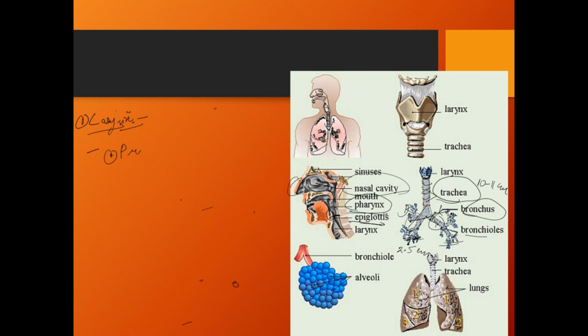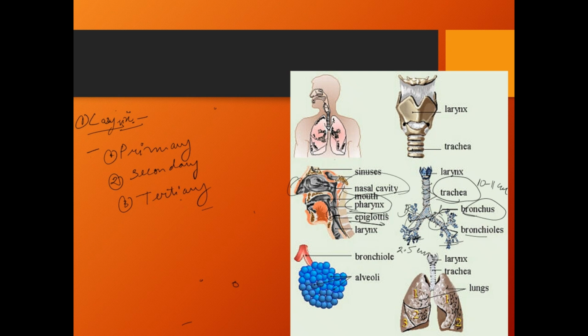First is the primary bronchi, second you have the secondary bronchi, then third you have the tertiary bronchi. These bronchi further extend into primary, secondary, and tertiary.